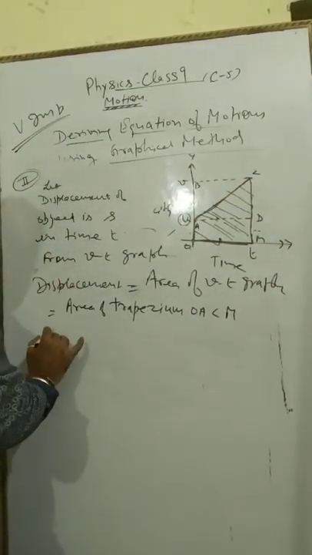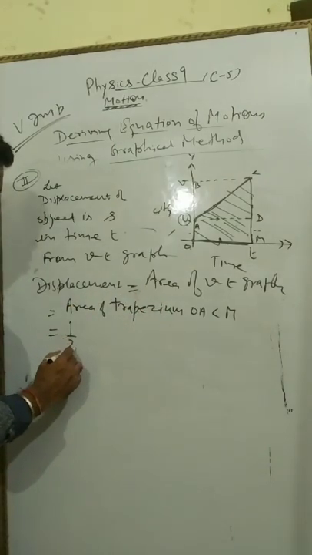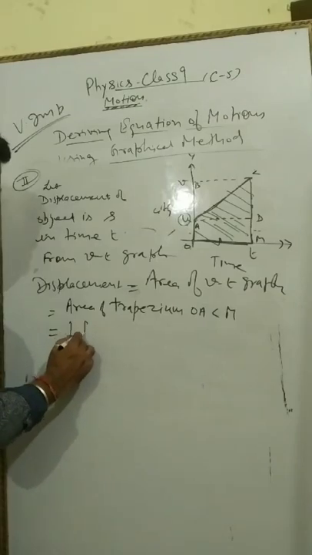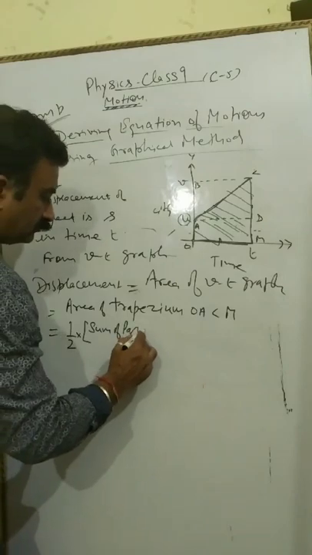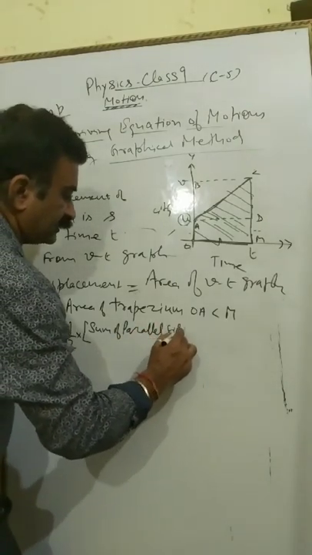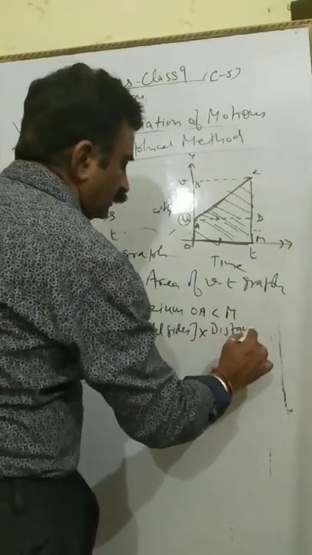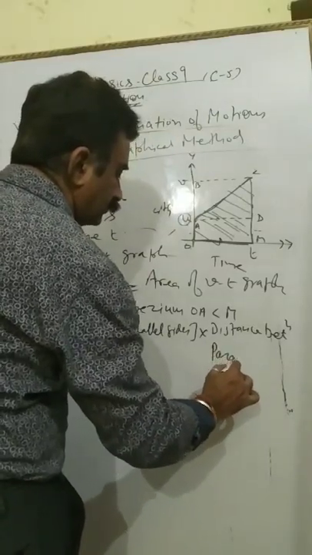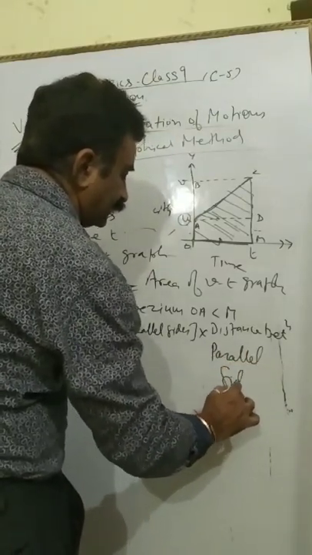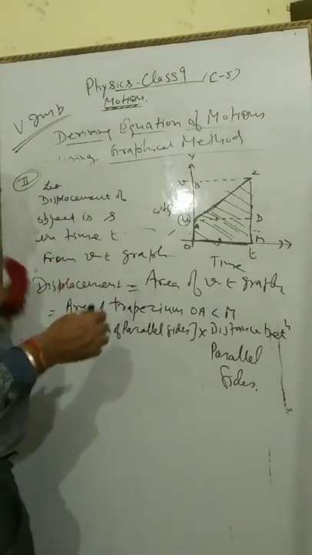This is the trapezium. And what is the formula for the area of the trapezium? It is 1/2 into the sum of parallel sides into the distance between the parallel sides. This is the formula for the area of the trapezium.